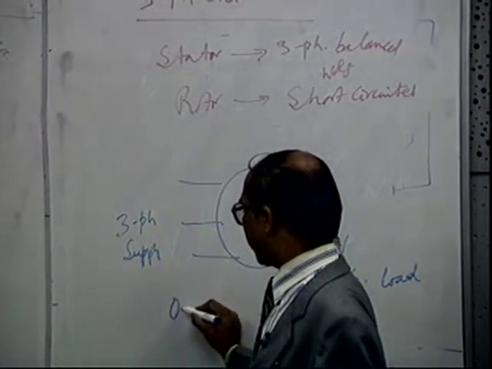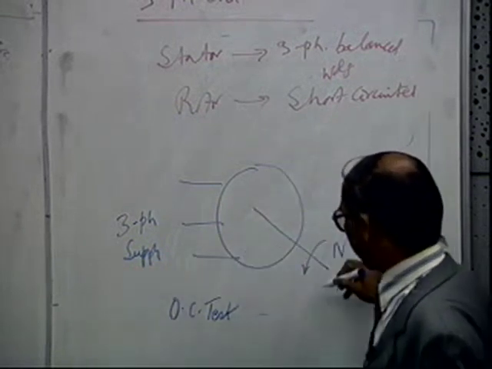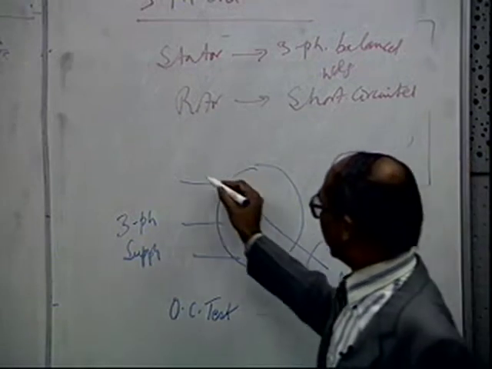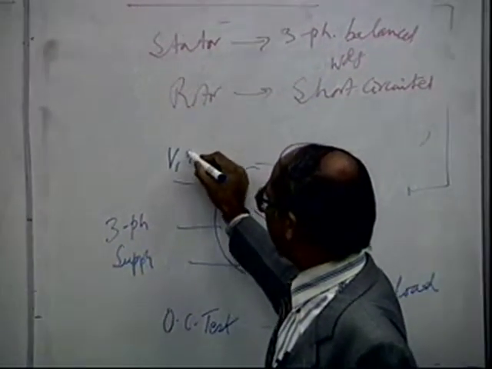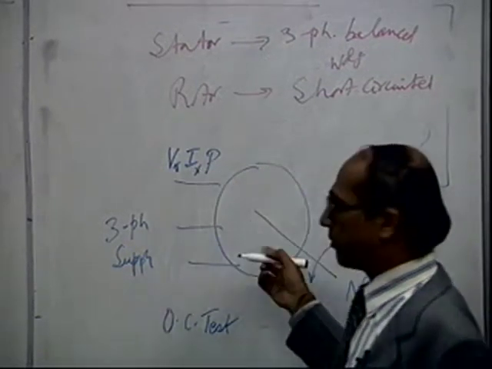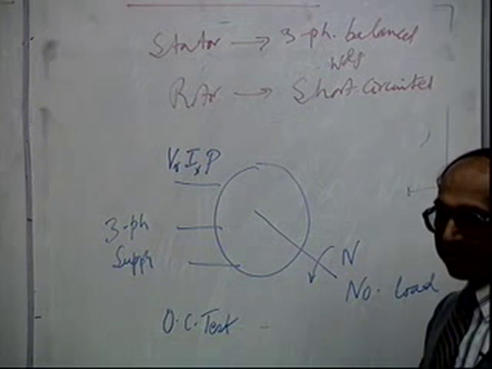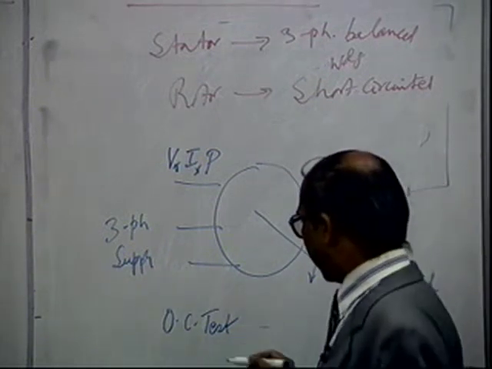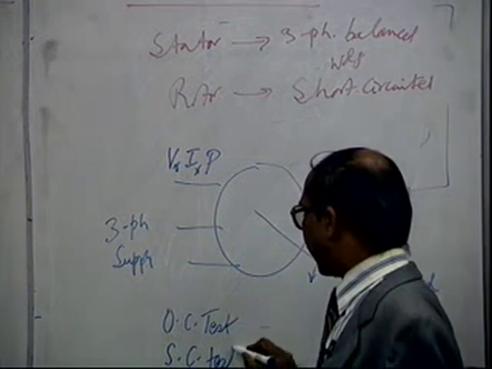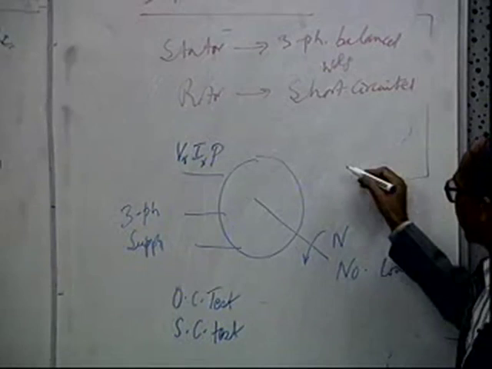One is called the open circuit test, where you just don't load it and measure the input voltage, input current, and input power, and from this you can calculate some of the internal parameters of the circuit by the formula given in the laboratory instruction sheet. You also conduct what is known as a short circuit test, where you basically operate at zero output tests.